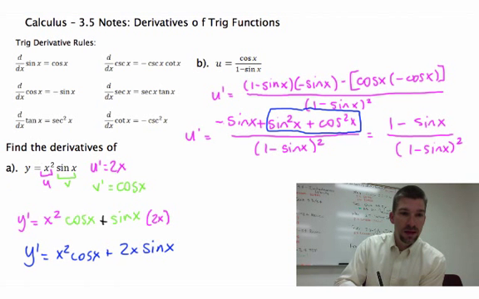And if I have the same thing on the top and the bottom of a fraction, I can cancel it out. So 1 minus sine x cancels one of those guys out. And my overall derivative then becomes 1 over 1 minus sine x.